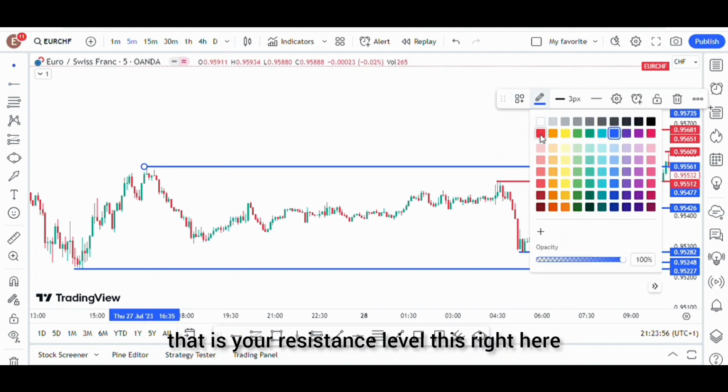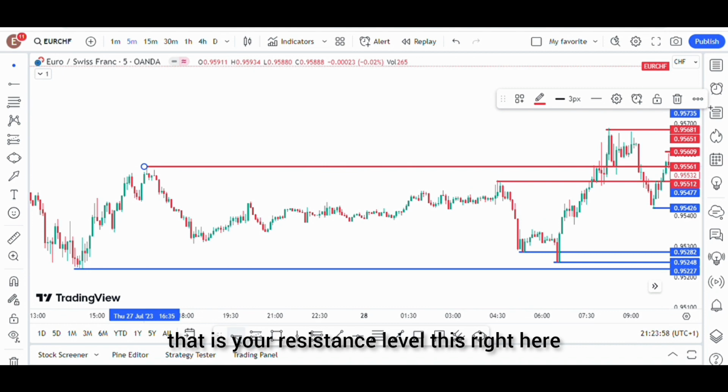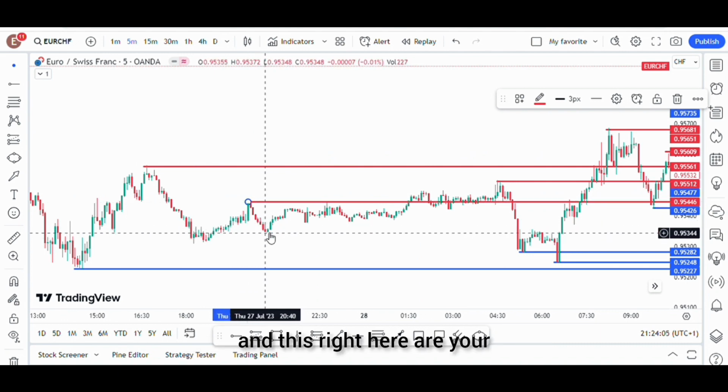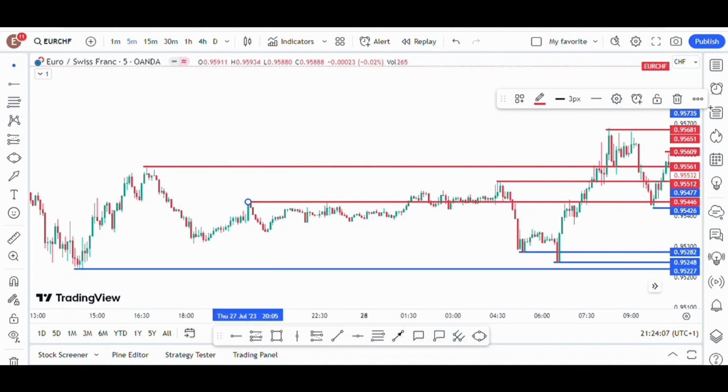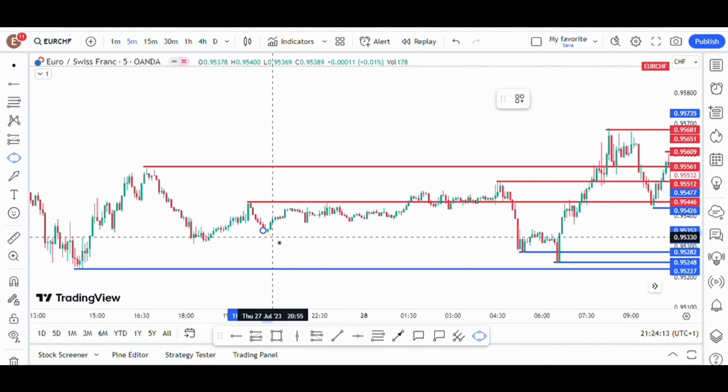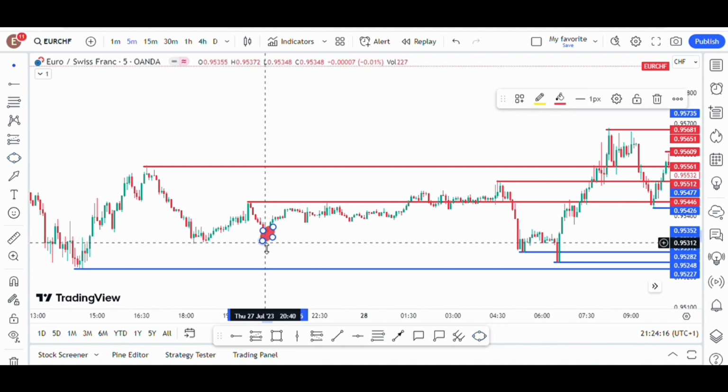That is your resistance level. This right here is your resistance level, and these right here are your support levels. Let me pick them out. These are your support levels.